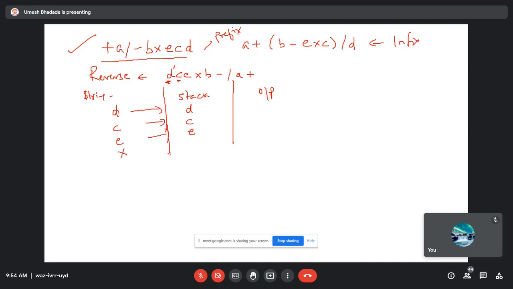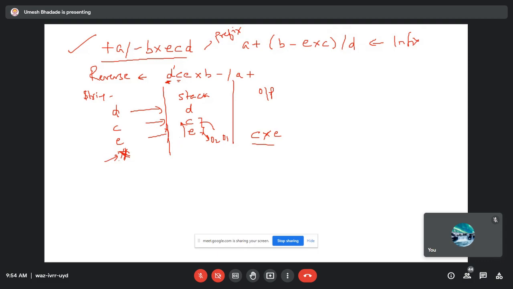Next is star. When the next symbol is an operator, you have to pop the two operands from the top of the stack. This will be operand 2 and this will be operand 1. So C into E will take place. When an operator is encountered, you pop two symbols and perform the operation on those two operands.